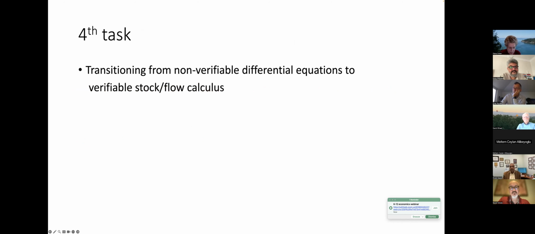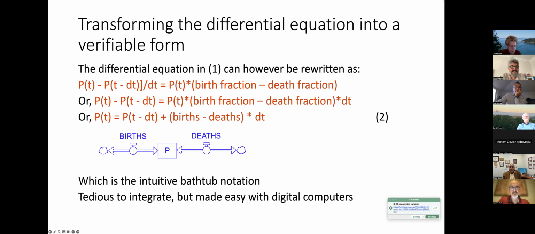What I've been doing more recently is using a simple transformation process where I start with the differential equation and I transition into the stock and flow notation. I'll post these slides, so I'll not dwell on it a lot.